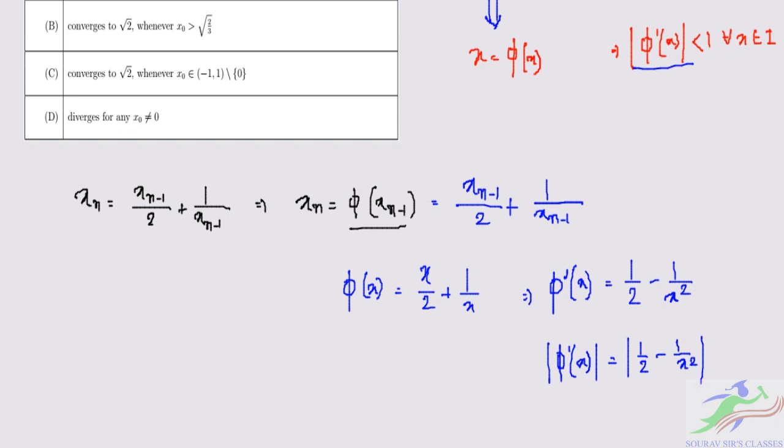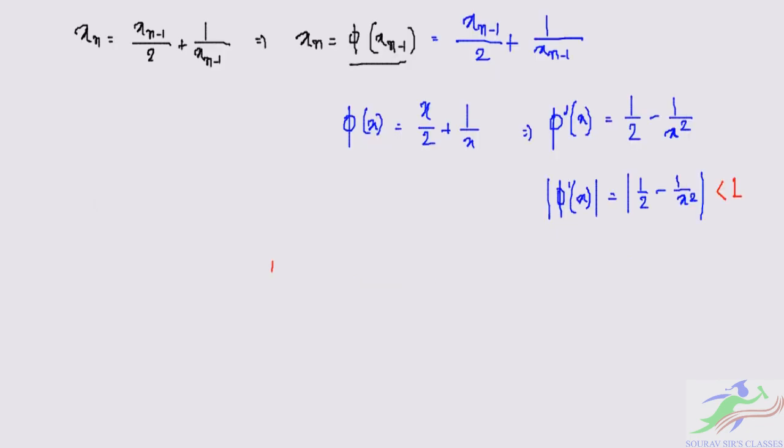This should be less than 1. Since this is in mod, we can write half of (1 minus 1 by x square) is less than 1 and greater than minus 1.